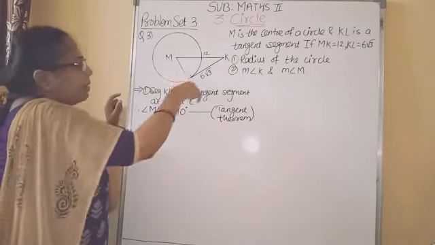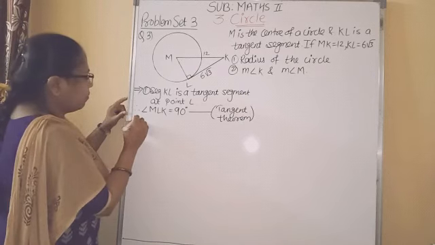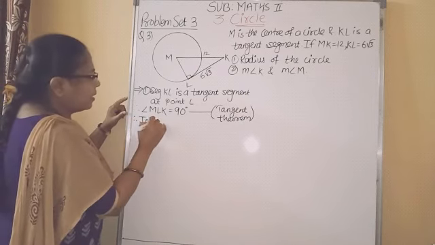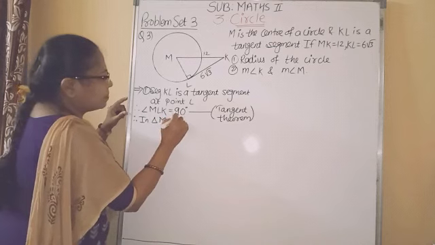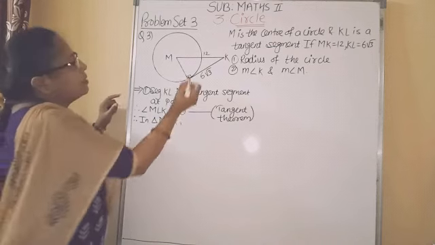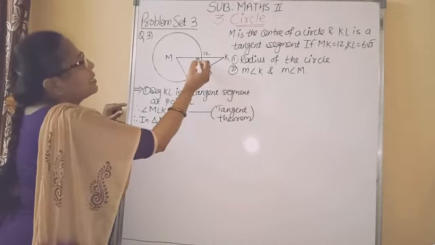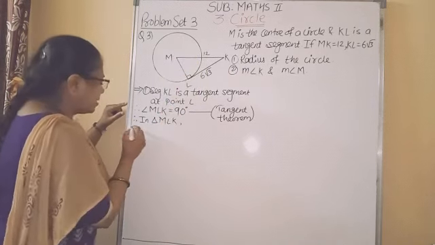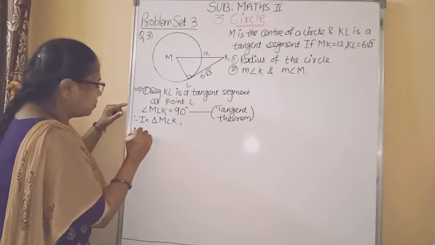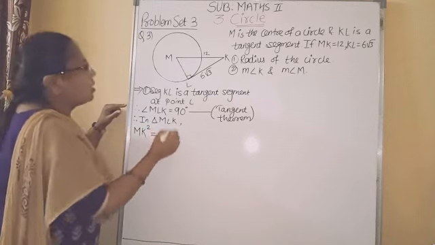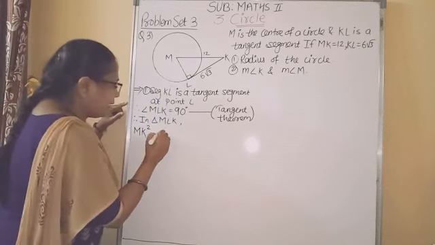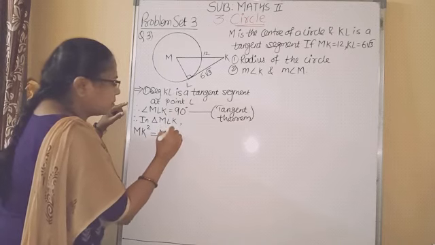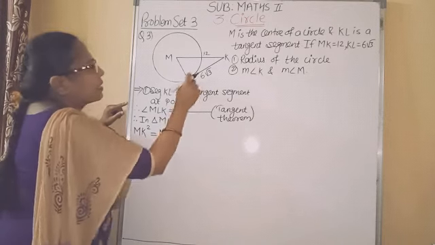And now we can apply Pythagoras theorem. Therefore, in triangle MLK, side opposite to 90 degree is hypotenuse. So MK is hypotenuse. So MK square equal to ML square plus KL square.